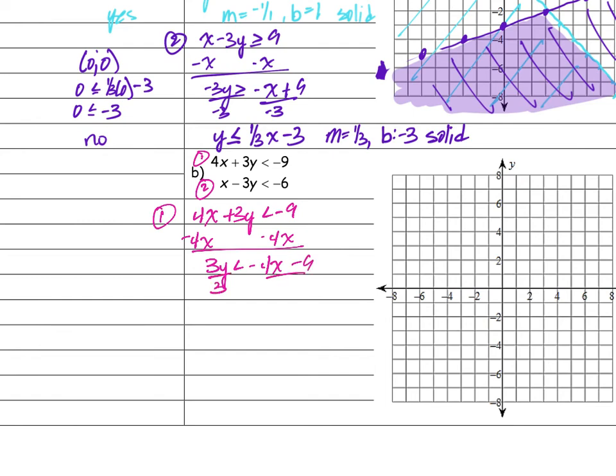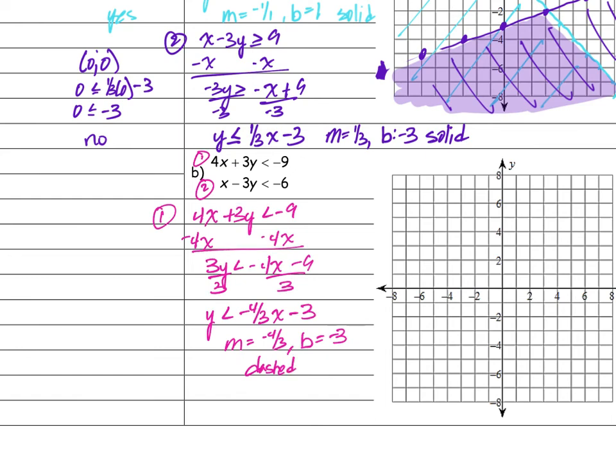Divide by 3. And y is going to be less than -4/3 x minus 3. So my slope is going to be -4/3. My y-intercept is going to be -3. And then it's going to be a dashed line.